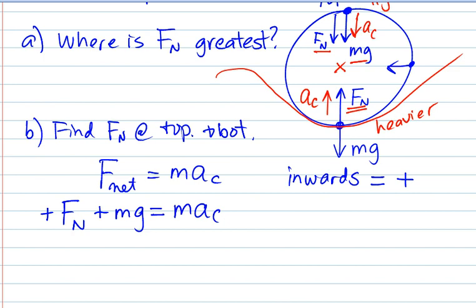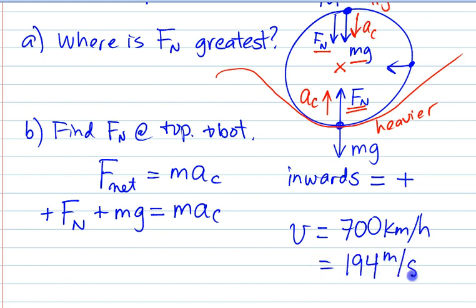And now we do have some numbers. We're given that the speed is 700 kilometers per hour, which if we do a conversion is 194 meters per second. I'll leave that conversion to you, but we basically divide by 3.6.